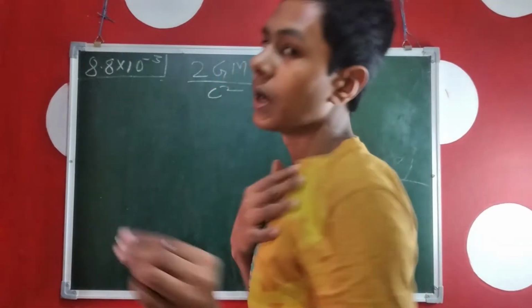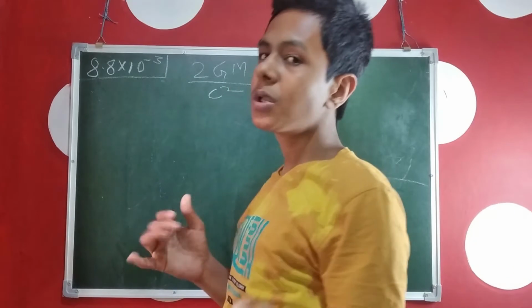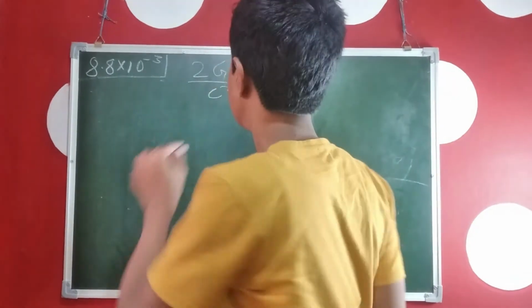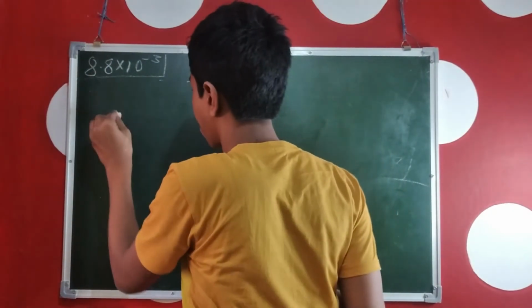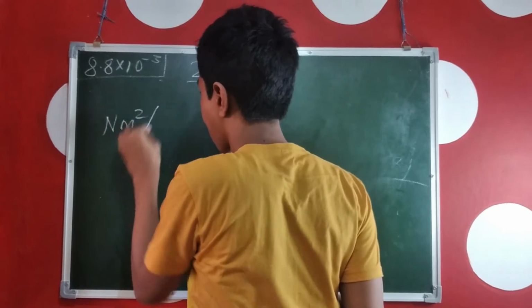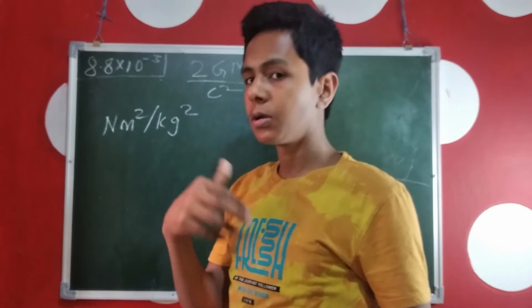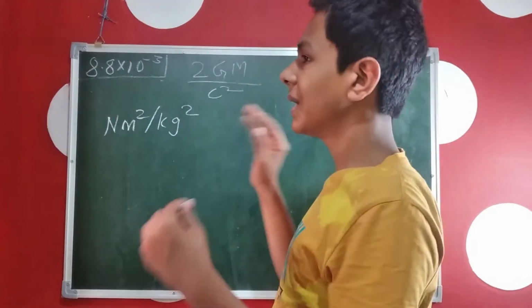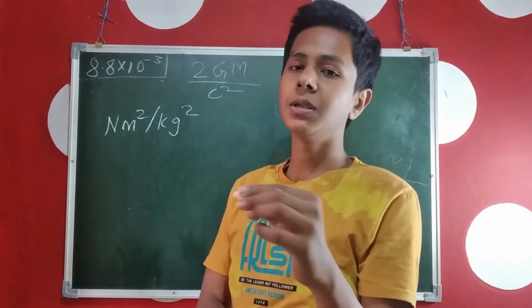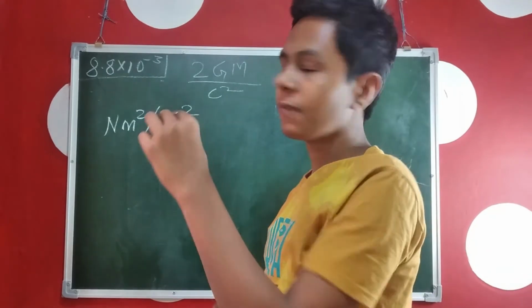G has a unit: Newton meter square per kg square. For mass, we wrote the mass in kgs. We wrote the Earth's mass, which was around 6.6 into 10 to the power 24 kgs.